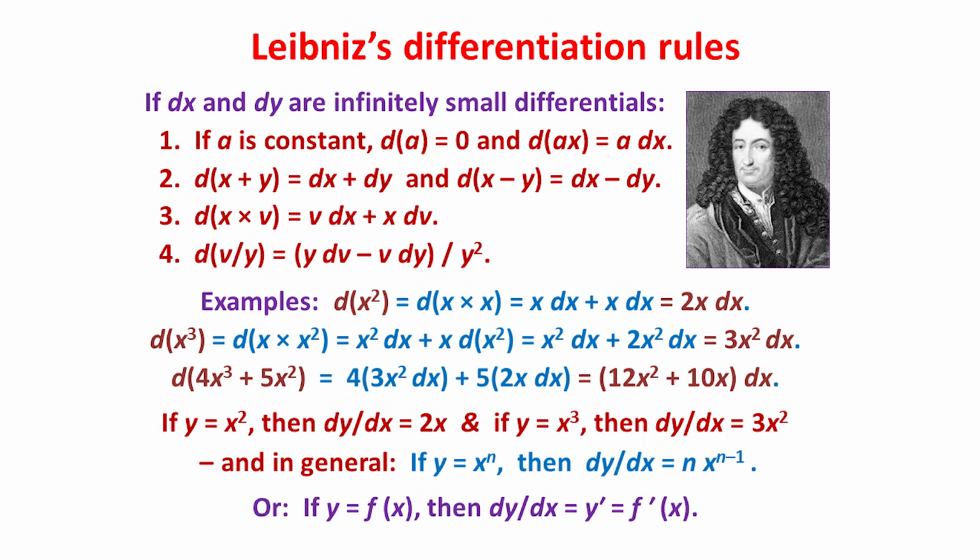More generally, if y equals x to the n, then dy by dx is n times x to the n minus 1. There's also another way of writing this. If y is a function f of x, then for the slope dy by dx, we sometimes write y dash or f dash of x.